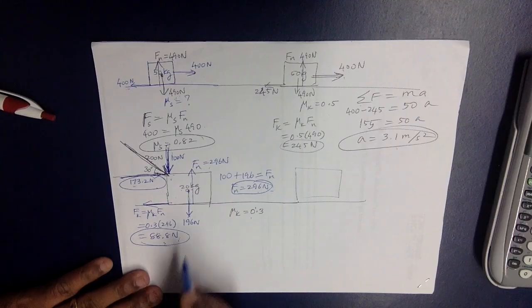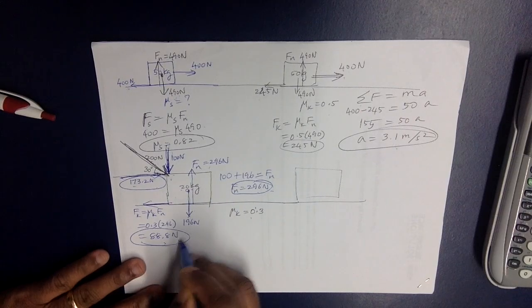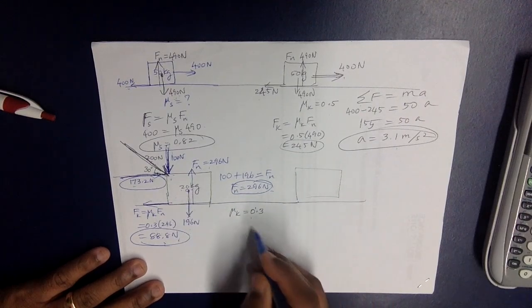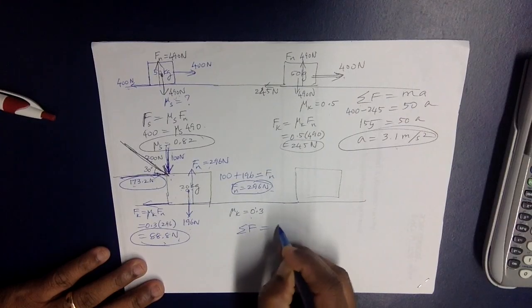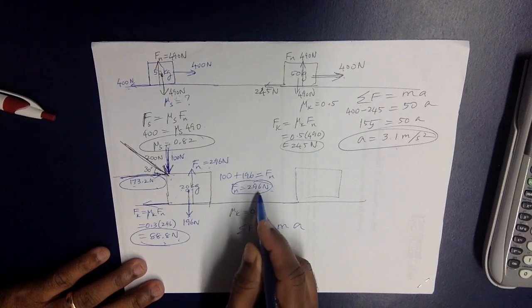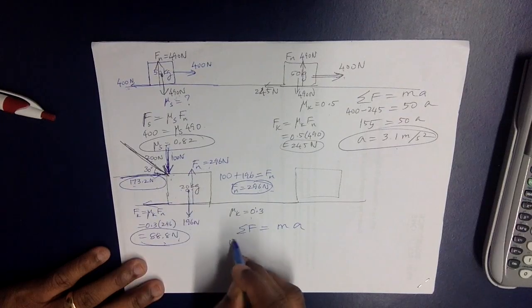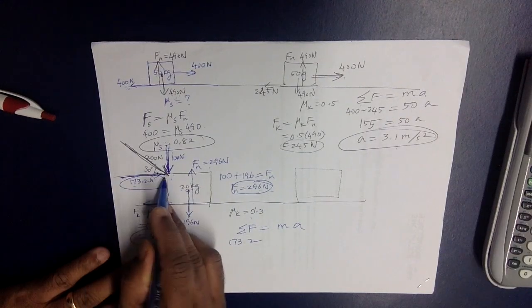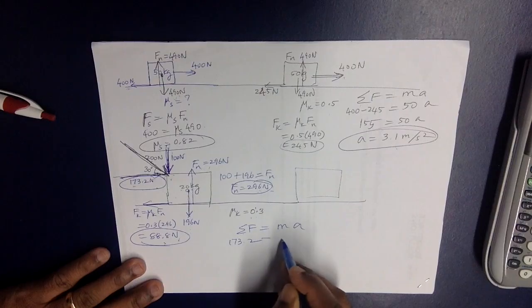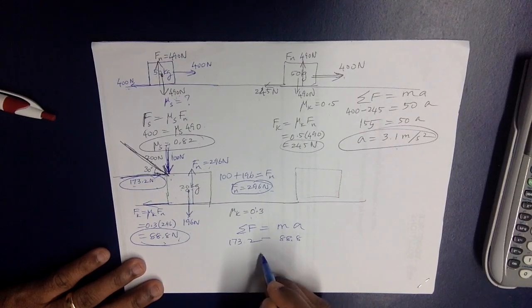And obviously the net force is forward. So the net force is equal to MA. The net force is 173.2 forward minus 88.8.